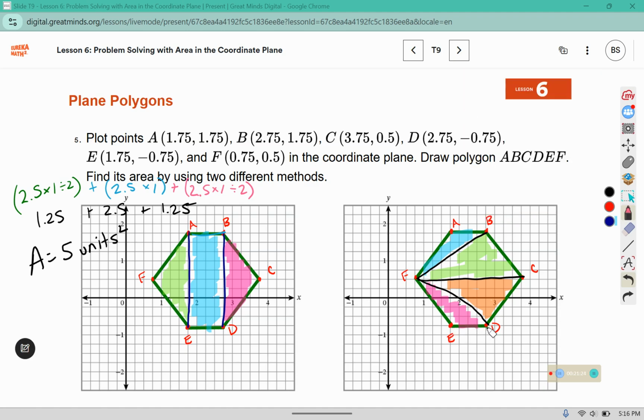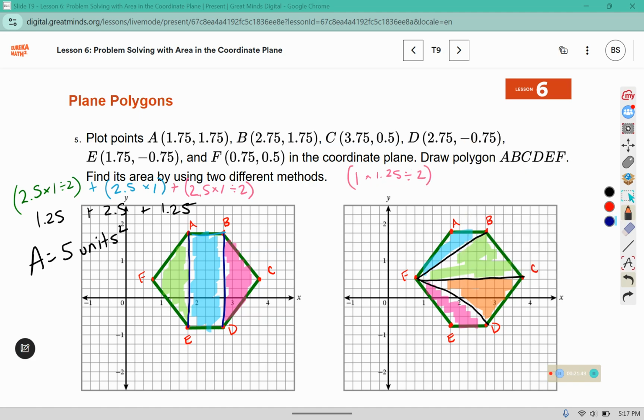It has a base of 4, but 4 of them turns into one whole, and a height of 0.25, 0.5, 0.75, 1, 1.25, and it's a triangle.